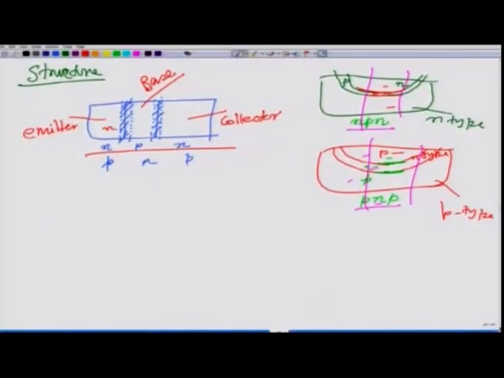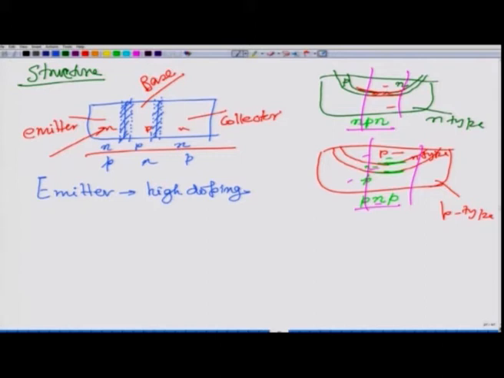So, that emitter side is heavily doped. If it is Npn, then this is N and this is P and this is N. So, you dope heavily here pentavalent impurity if it is silicon, or whatever the donor ions, in very high amount. So, your emitter is characterized by high doping of the impurities, whatever impurity it is, donor impurity or acceptor impurity.